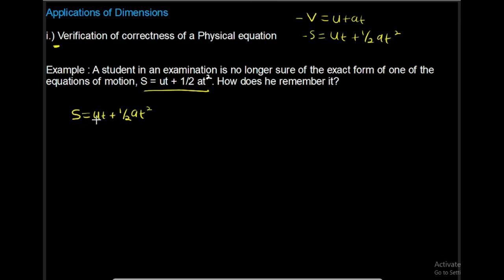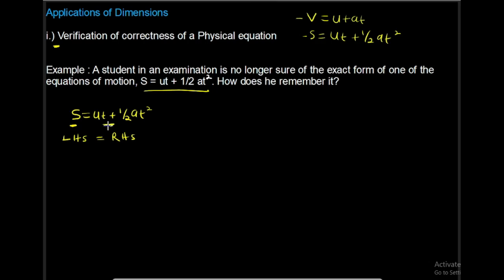Now let me say this before we proceed. To prove that an equation is correct, the left hand side of that equation must be equal to the right hand side. That's what you have on the left hand side must be equal to what you have on the right hand side. If the dimension on the left hand side is not equal to the dimension on the right hand side, then the equation is not correct.